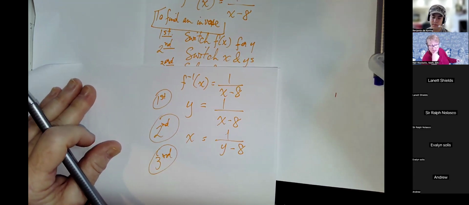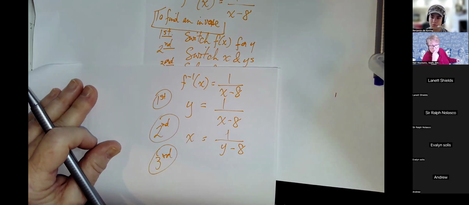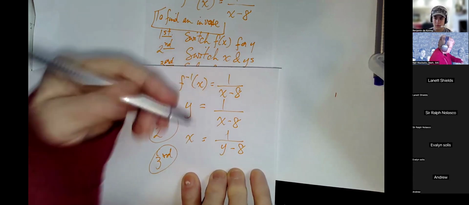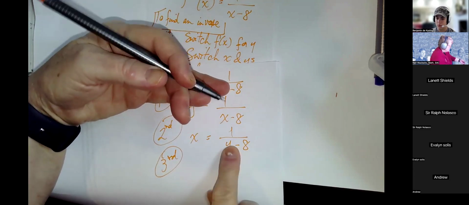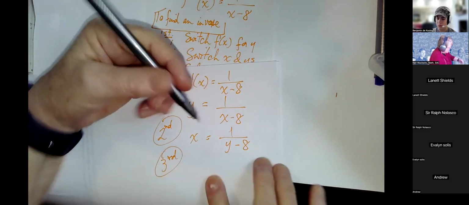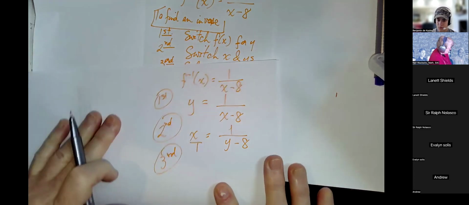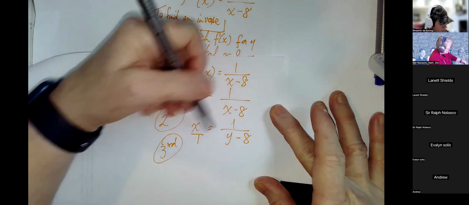What's a good technique? Multiply by both sides. I think we're agreeing. So yeah, multiply through by the LCD. So here there's just one denominator, but yes, you can think of this as x over 1, and we're going to multiply x times y minus 8 and 1 times 1.